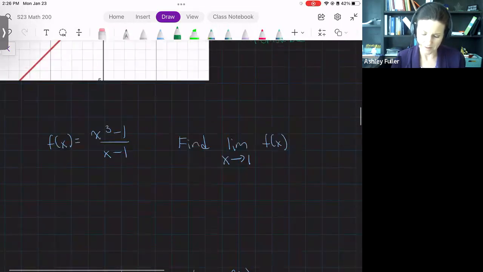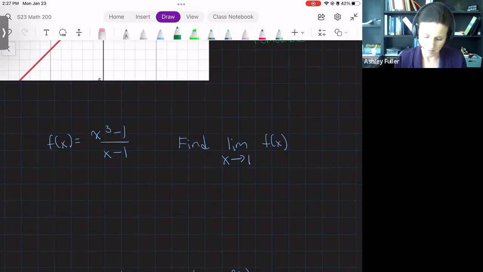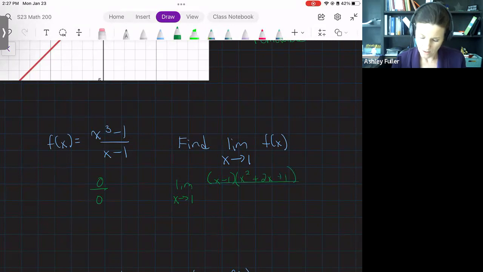Let's look at another example of this where we want to find the limit as x approaches 1. Again, if I plug in 1 to the top and 1 to the bottom, I do get 0 over 0. So if I factor, I can factor this using the difference of cubes. So I have x minus 1 times x squared plus x plus 1 all over x minus 1.